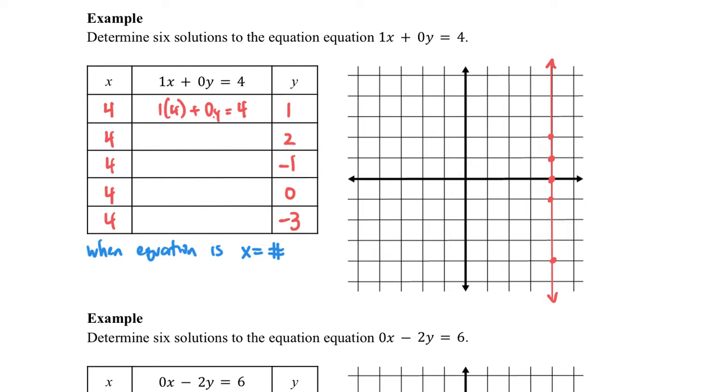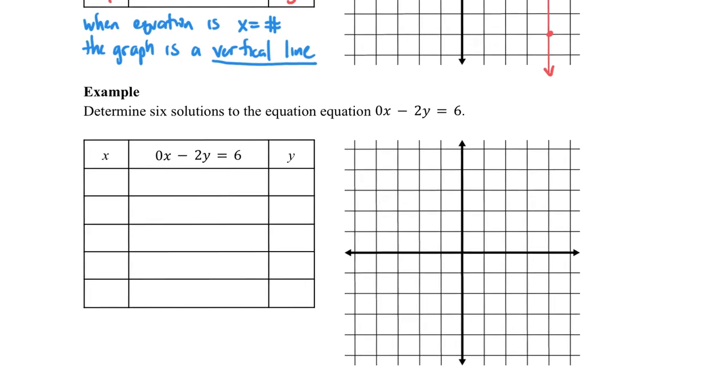So when you have x equals some number, the graph is a vertical line. And not just anywhere, wherever the number is. So if it's x equals 4, it would be here, which is basically what we have in the example. If it was x equals -1, our line would be here. If it was x equals -2, our line would be here, so on and so forth.